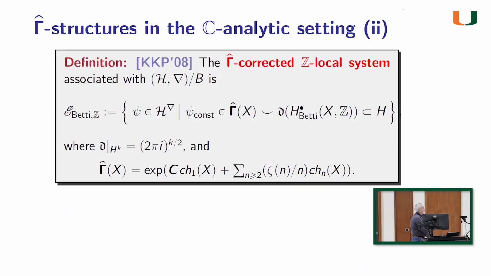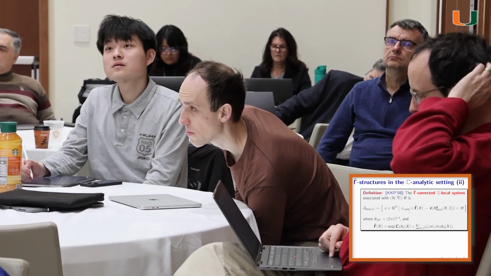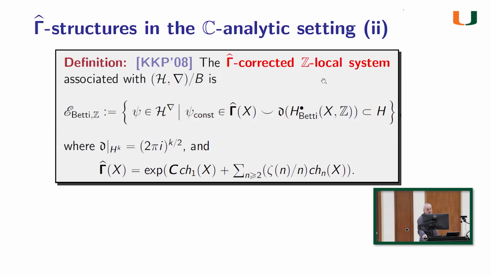And here it is. It's given by flat sections of the quantum D module such that this psi constant guy that I defined on the previous page belongs to a lattice.